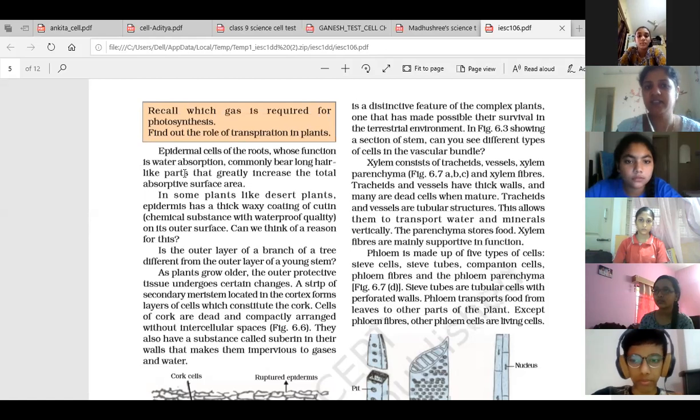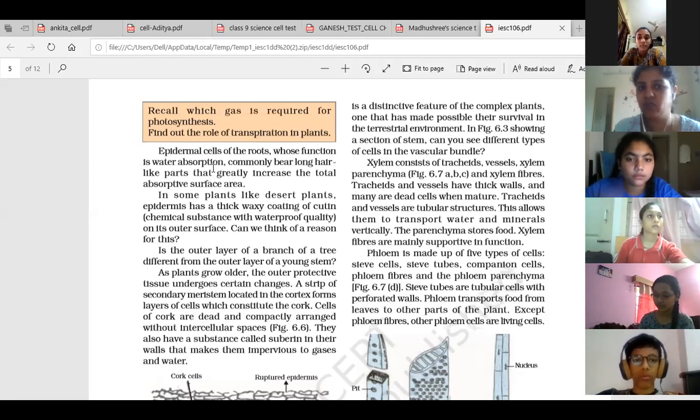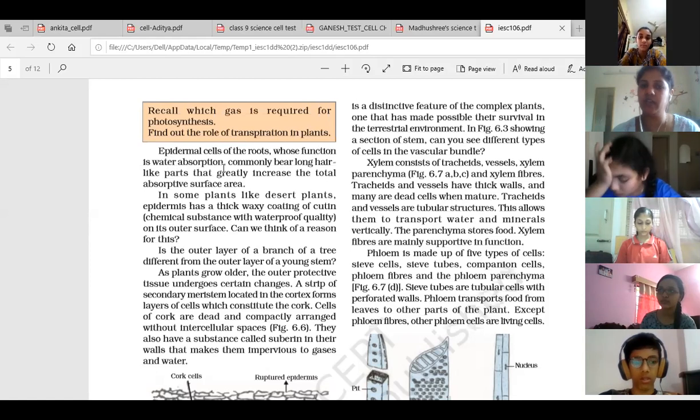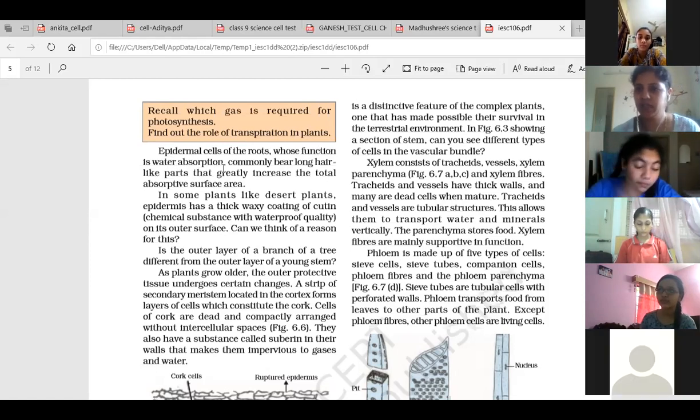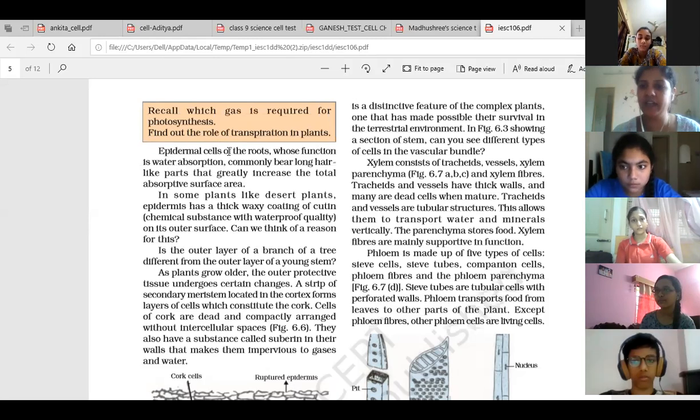Now a few more examples have been given here. Epidermal cells of the roots, whose function is water absorption. These are not green parts, they are brown colored parts. Every entire plant's outer layer is made up of epidermis. What is the function of the root epidermis? Absorbing water.